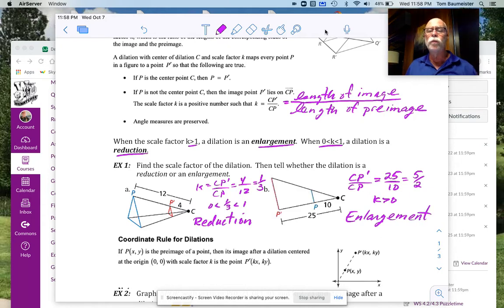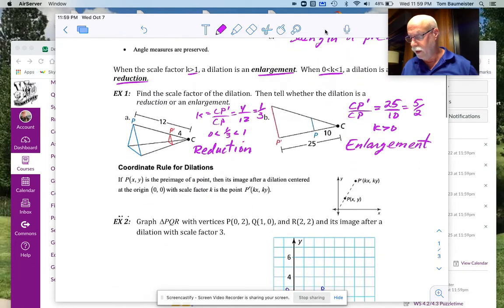I would assume if you put in 5 divided by 2 is 2.5, it'd be okay, because a dilation scale factor could be a fraction or a decimal. So I don't think they would do anything wrong there.